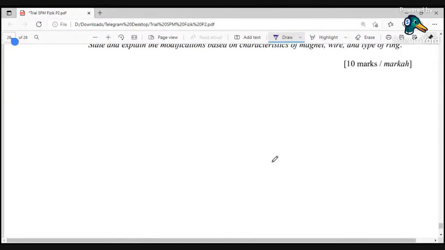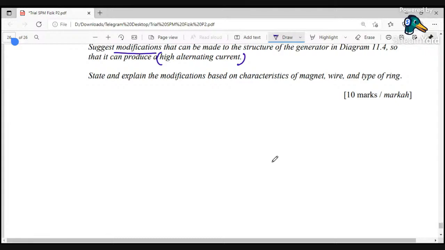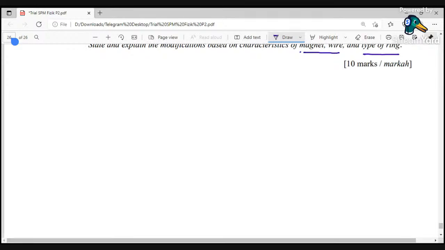So we now have some idea of the modification, what are the aspects that need to be modified: based on the characteristics of the magnet, wire and type of ring. Try to answer this. This is also suggested to be written in table form.